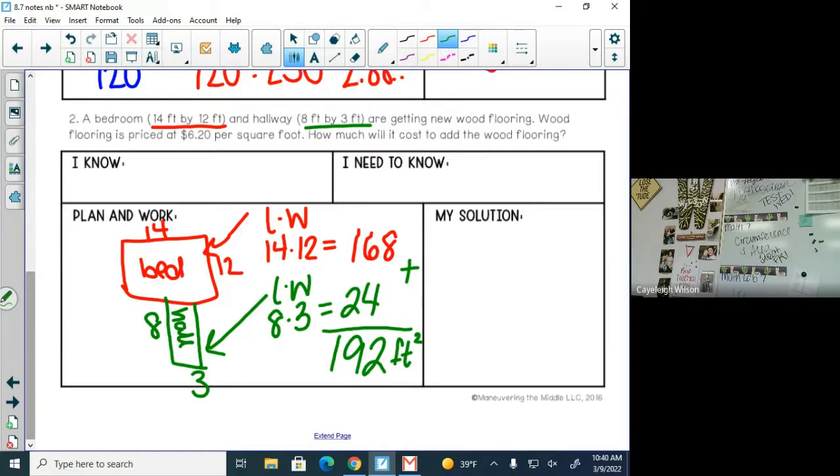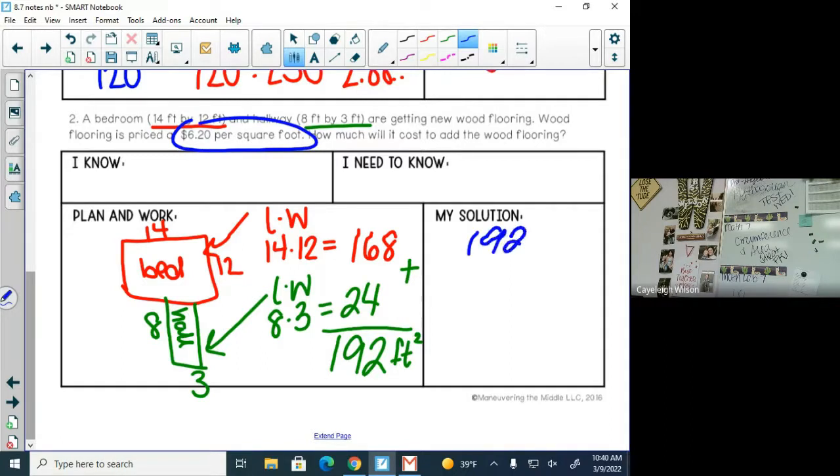You multiply. All right, guys, listen. If you're at the flooring store and you know you need 20 square feet and each piece of wood that covers 1 square foot is $4, how much is it going to cost you? $80, because 20 square feet times the cost of 1 square foot, 20 times 4 is 80. So I know that I need 192 square feet of flooring, but 1 square foot costs $6.20.